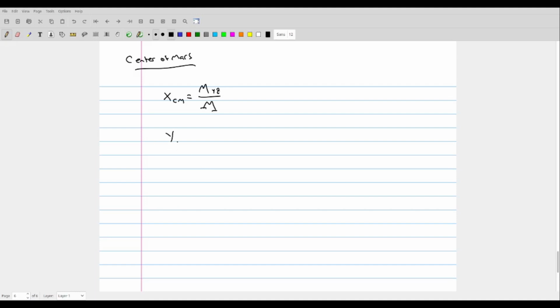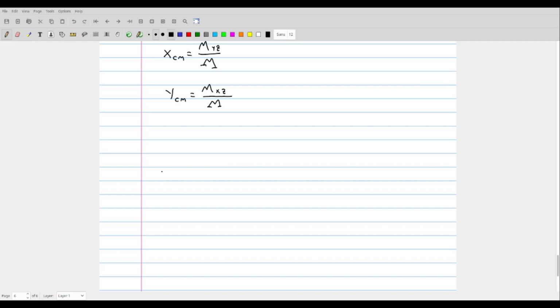The y center of mass was the first moment of the y-axis, or the xz plane, divided by the total mass. And the z center of mass was the first moment of the z-axis, or the xy plane, divided by m.